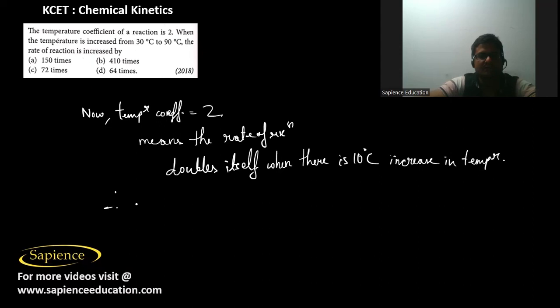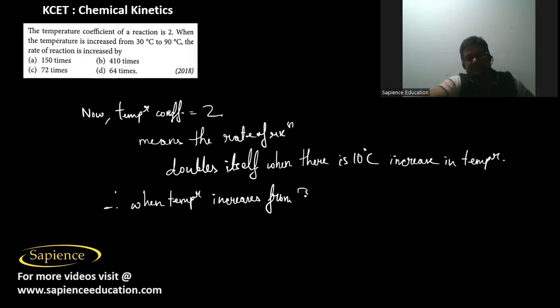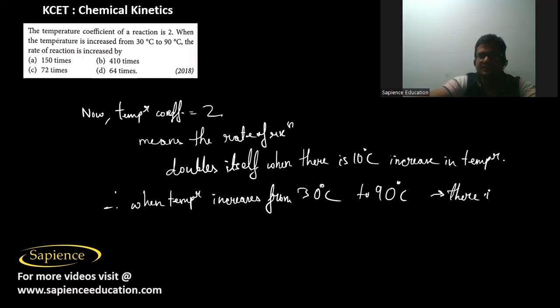Now therefore, when the temperature increases from 30 degrees Celsius to 90 degrees Celsius, it means that there is a 60 degrees Celsius rise in temperature.